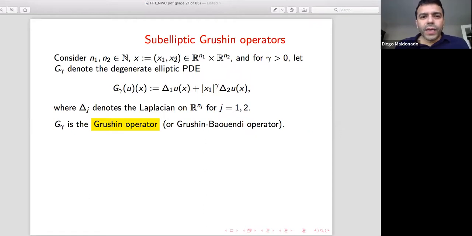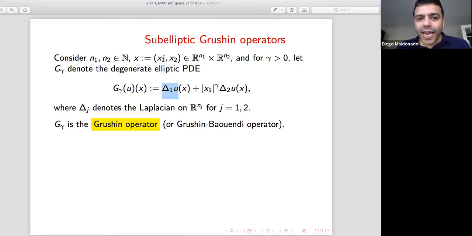So what you do is you fix two dimensions, n1 and n2, and then you have R^n1 cross R^n2, and then you have your x1 in R^n1, your x2 in R^n2. And then you fix gamma positive, all right? And then what you do is this. So this G sub gamma is going to be an operator that acts on u as follows.